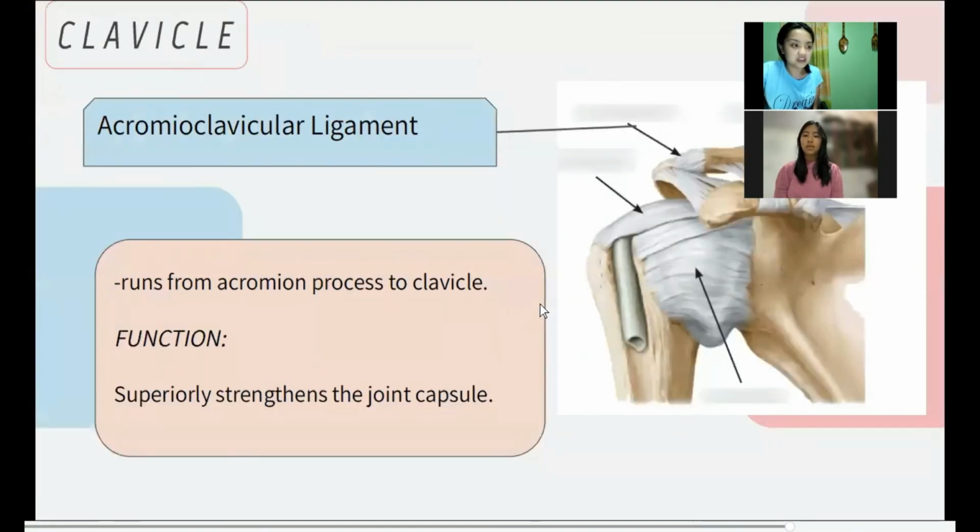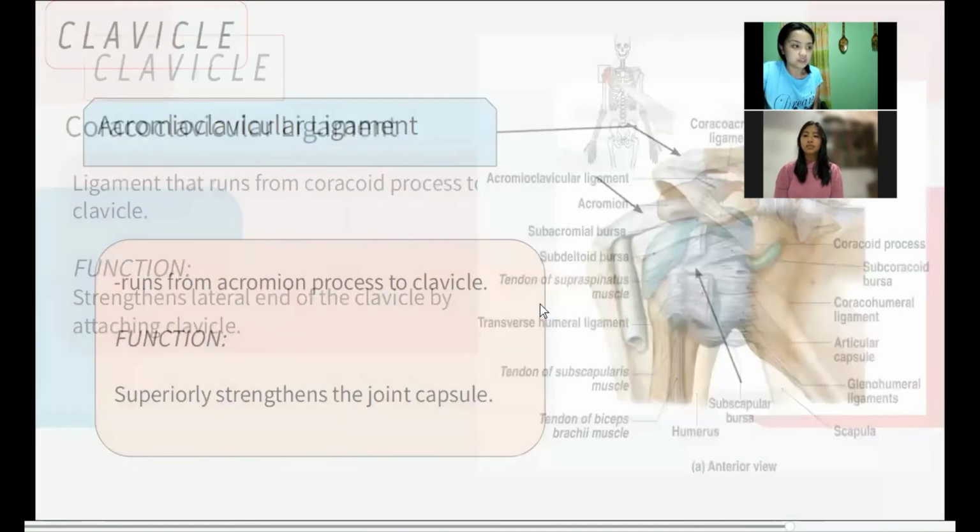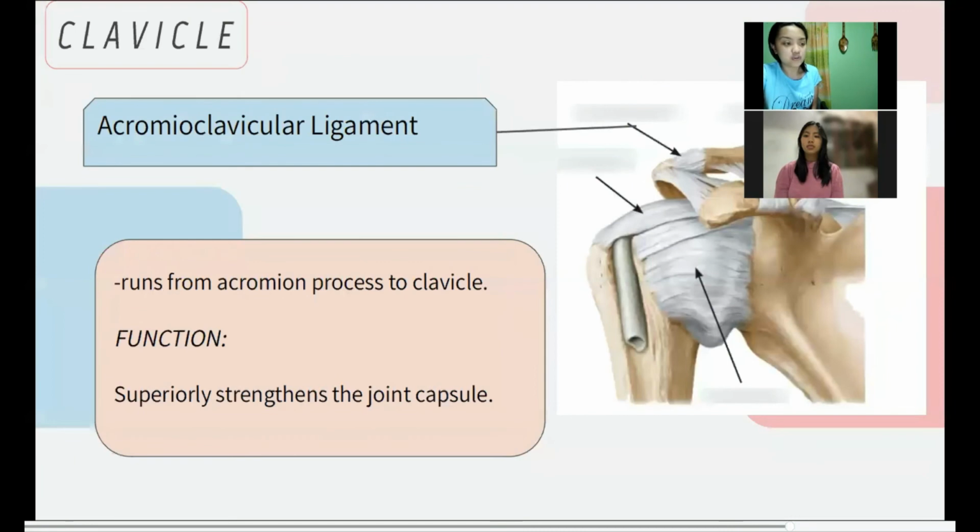The second ligament, as mentioned, is the acromioclavicular ligament. The acromioclavicular ligament is part of the acromioclavicular joint and is also divided into two parts.